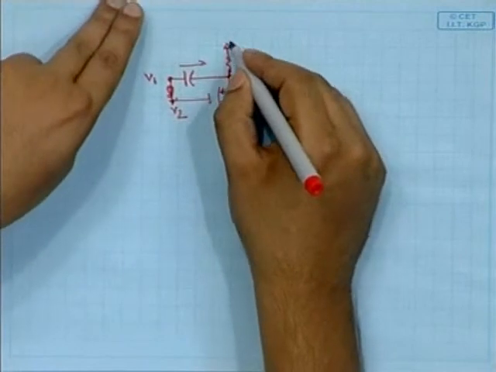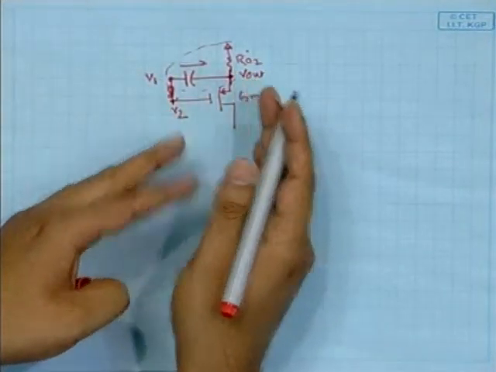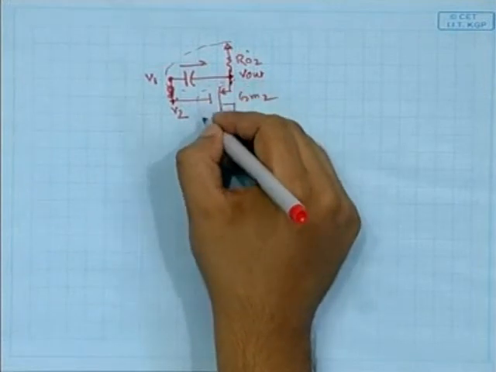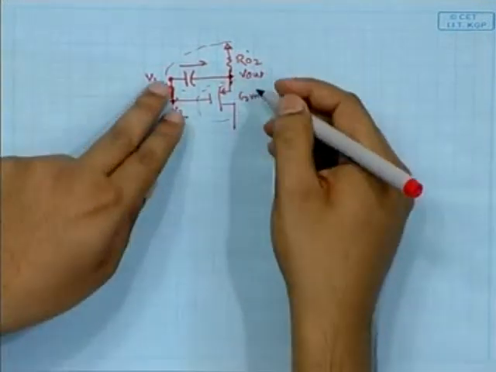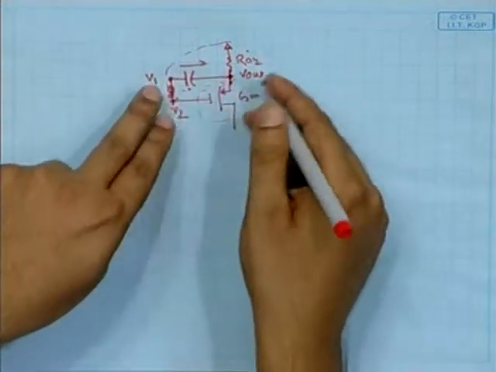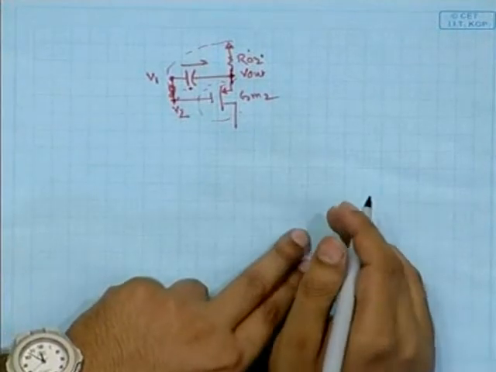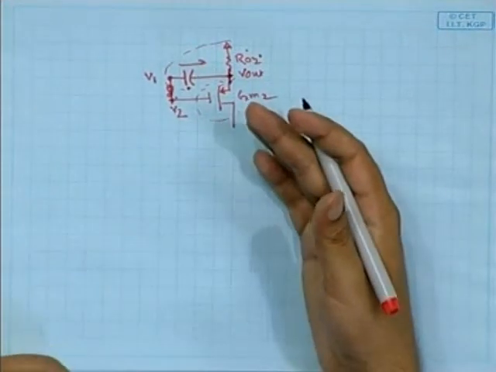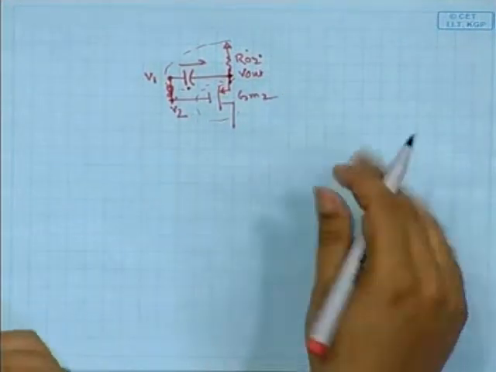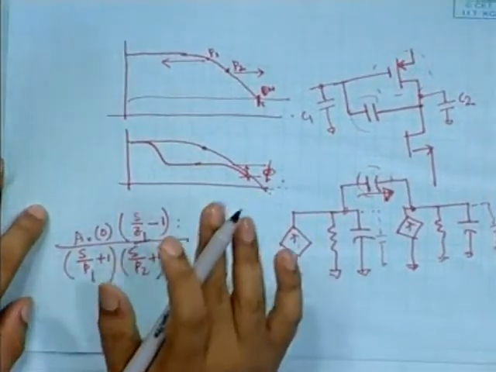This will act simply as an impedance divider, and the other one will give Gm2 multiplied by this C and R02 in parallel. So in the frequency response we will get a (1 minus S by Z1) type of response.